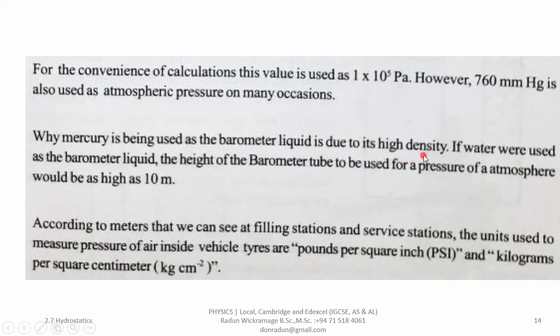Due to its high density; this is the major reason. There are some other reasons as well, but this is the major one. Let's suppose we used water instead of mercury. Then we would need a water column nearly 10 meters in height. So it is very difficult to handle such a barometer to measure the atmospheric pressure, right?